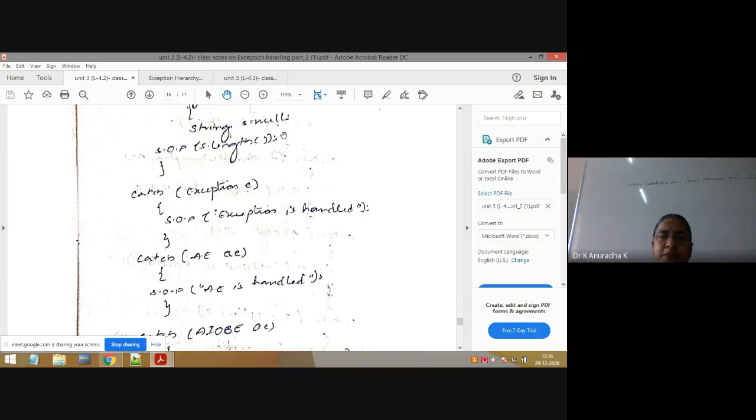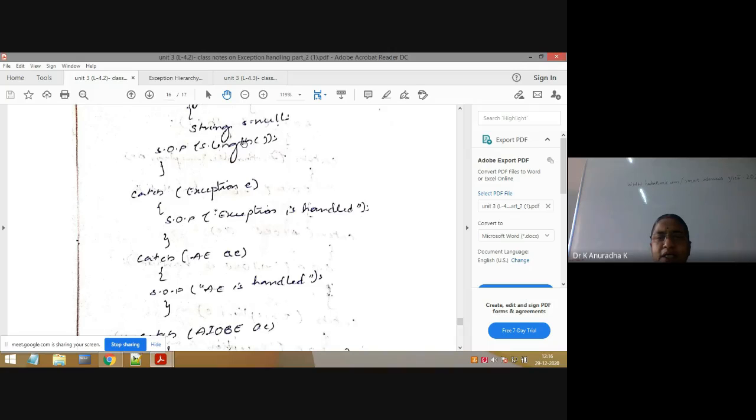So ArithmeticException is also handled by this catch block. Next, if you write StringIndexOutOfBoundsException, that will also be handled by this catch block. If you write the code for ArrayIndexOutOfBoundsException, again this is the matching catch block for that exception also. If you write ClassCastException, again this is the matching catch block for that.